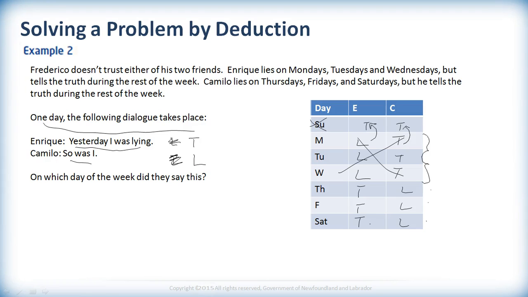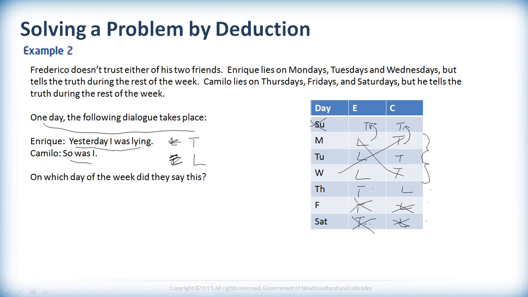Let's say it's Saturday or Friday, because both of those have the same things on the previous day. If it's Saturday and Enrique says, yesterday I was lying, and he's telling the truth, then Friday should be a lie, which it isn't. So it can't be Saturday, and it can't be Friday. Let's check Thursday. Hopefully that works. Let's assume that Enrique is telling the truth.